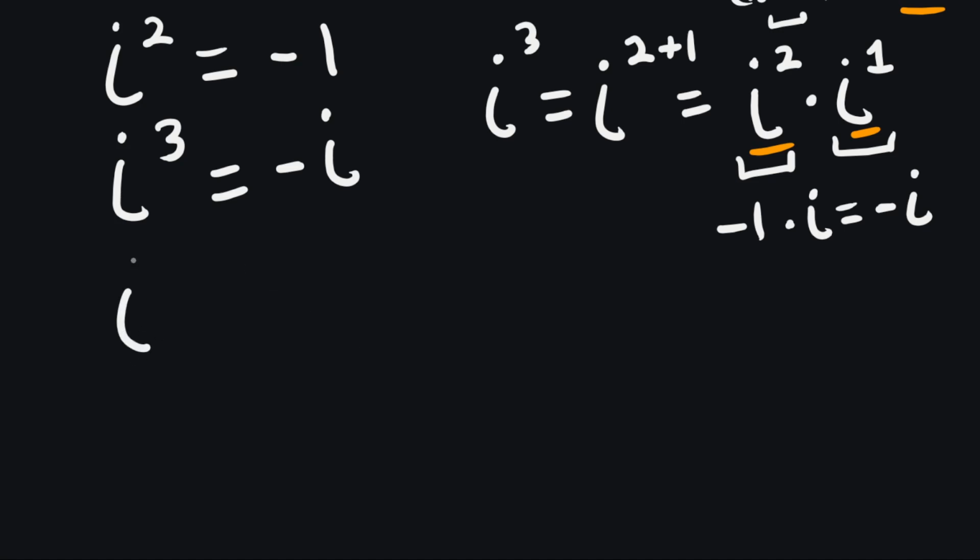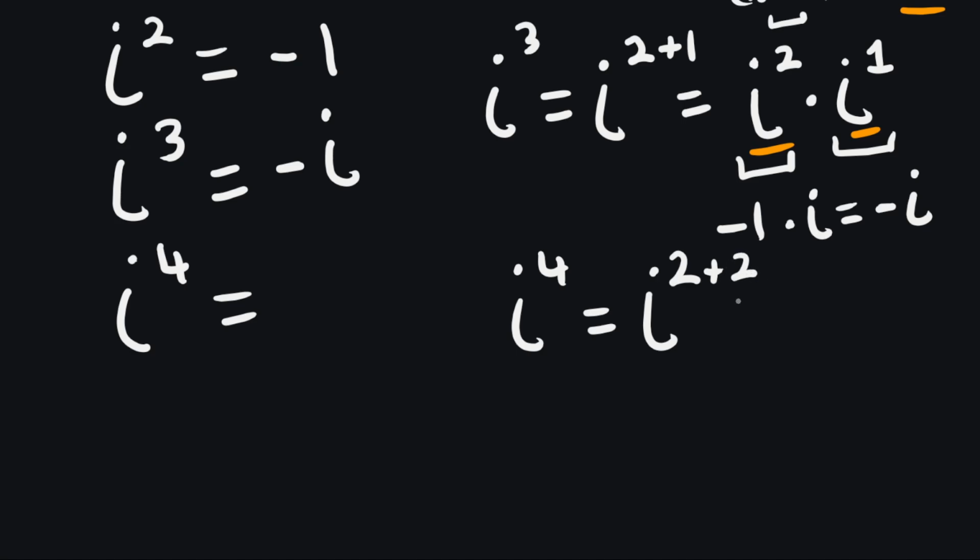What about i to the fourth power? How do we get there? Well, we can do the same thing. i to the fourth. What two numbers add to 4? You can go the 2 plus 2 approach or the 3 plus 1 approach. You will ultimately get to the same answer, but I would like to show you what happens if we go to the 2 plus 2 approach. So i to the 2 plus 2.